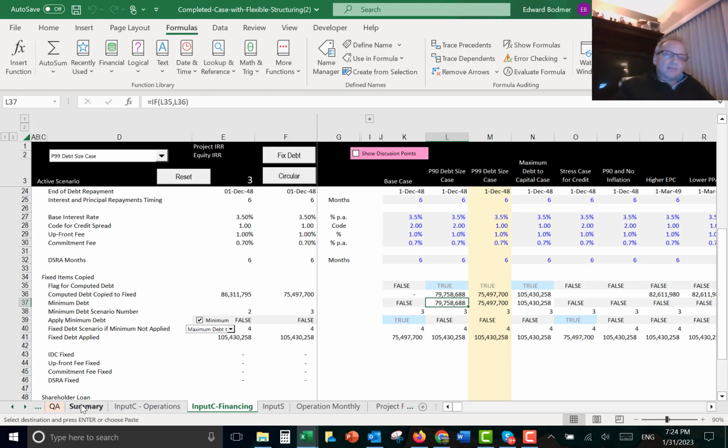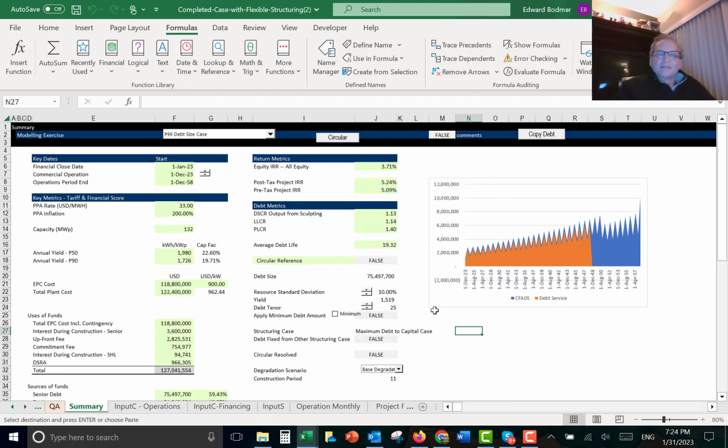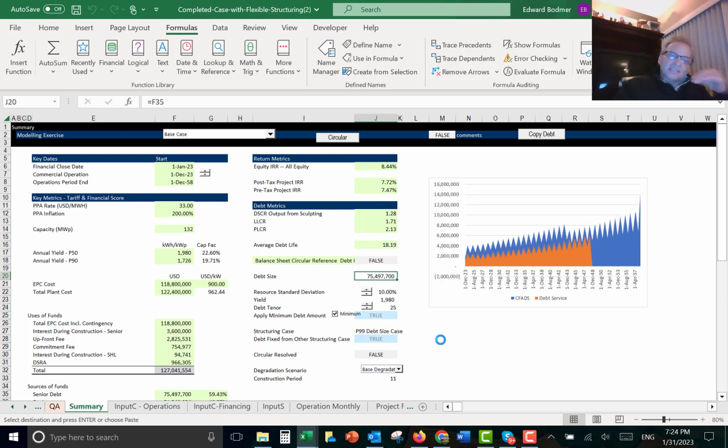So we go back to our summary page, and I hope that that's in here. And then we go back to our base case. Again, it's just illustrating what I'm trying to do. First of all, we have to resolve the circular reference again. I hope you can see getting rid of this button is a big deal.